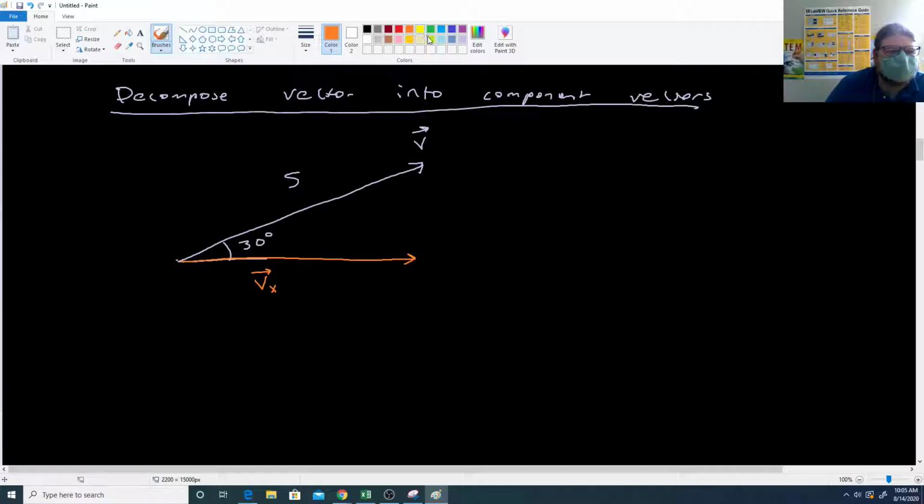And there is a y component to this vector. Let's use a greenish color. And that y component, we can call that vector vy. So vector v is the original diagonal one. Vector vx is the x component vector. Vector vy is the y component vector. Since this is horizontal and this is vertical, these do make a right angle with each other, so this makes a right triangle.